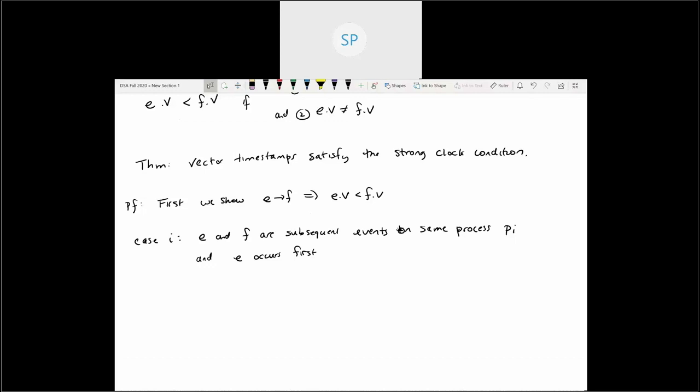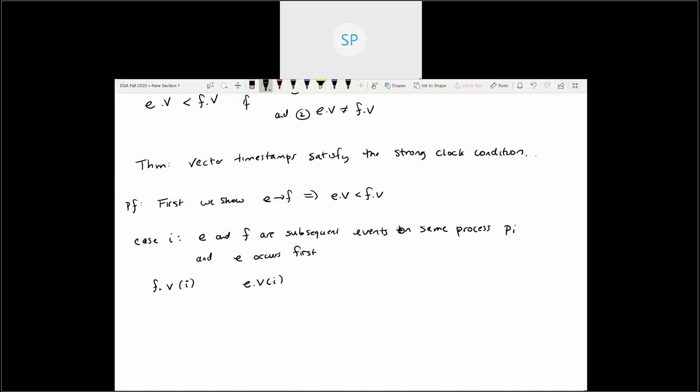So first thing I want to note is that if we look at the ith component of the timestamp of F, what is that going to be in relation to the timestamp of E? If I have E.v[i] and F.v[i], how are they related?